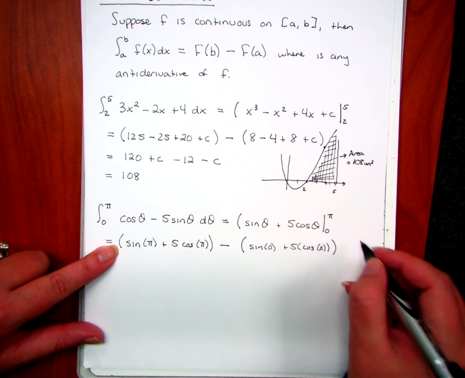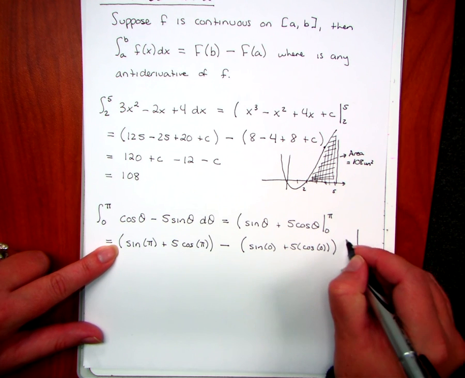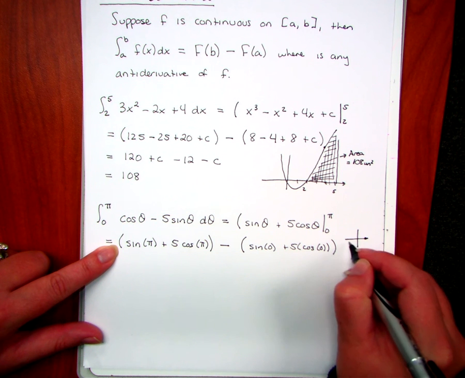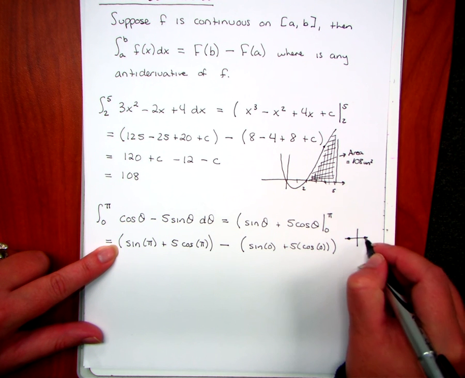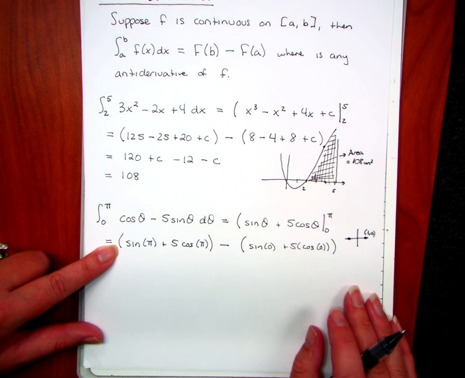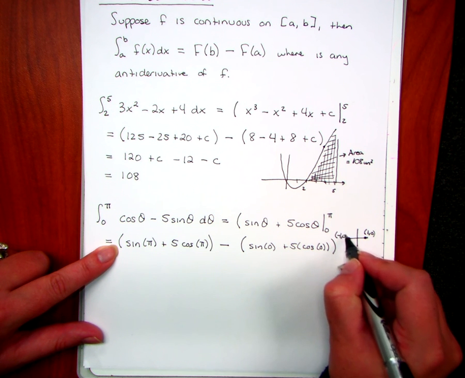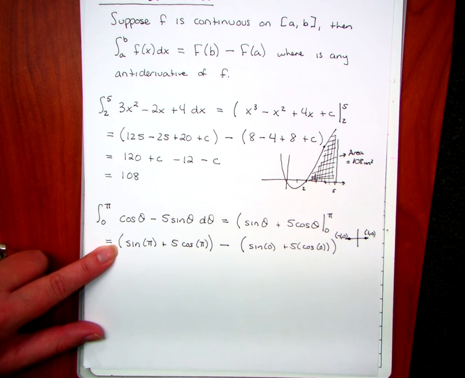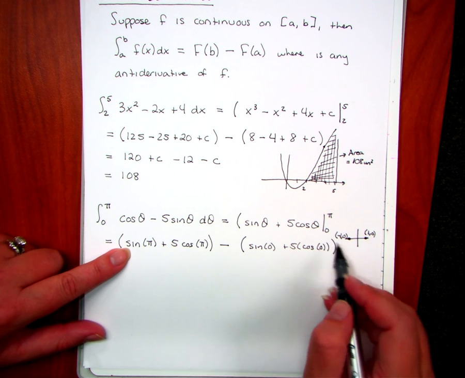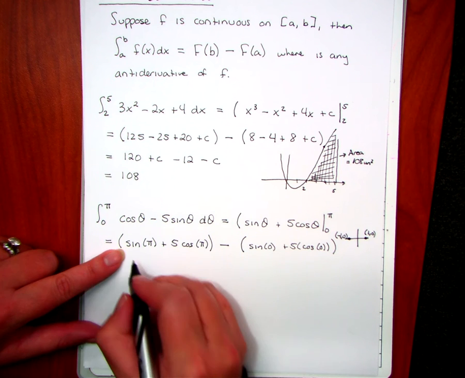So I'm just going to pick some points on the unit circle here to evaluate these. 0, of course, has the point on the unit circle 1, 0, and pi has the point negative 1, 0. And so sine of pi is the y-coordinate here, so this is 0.